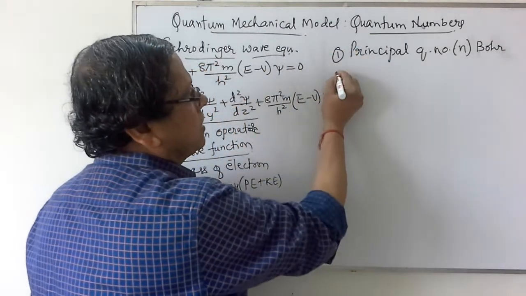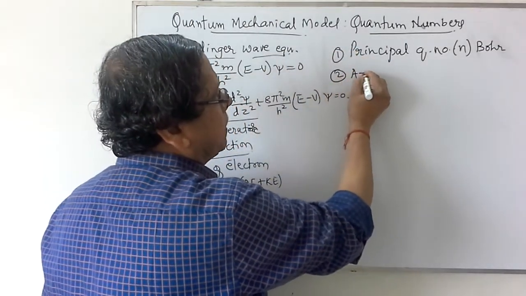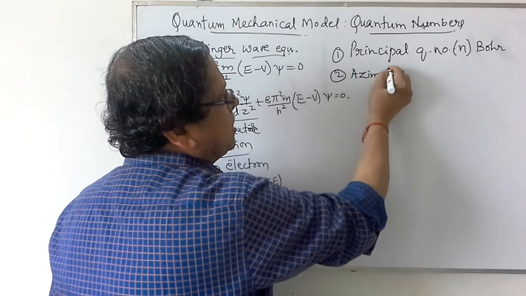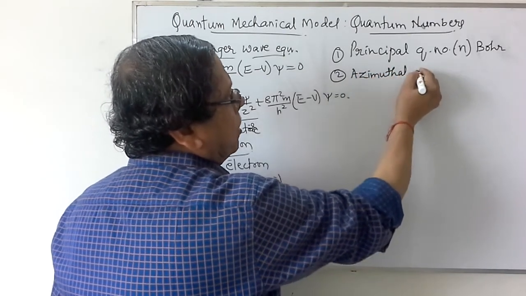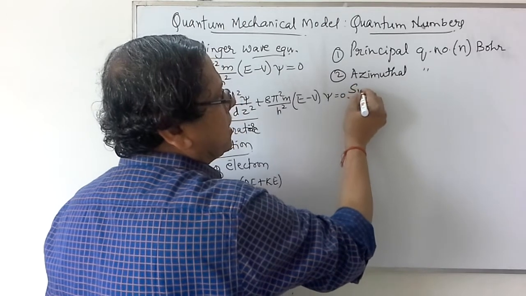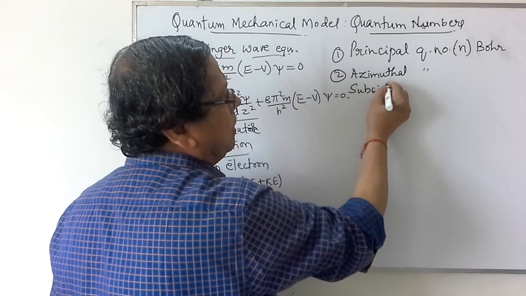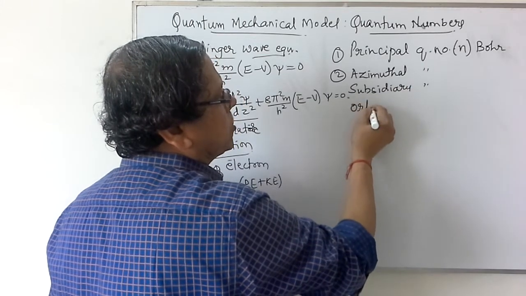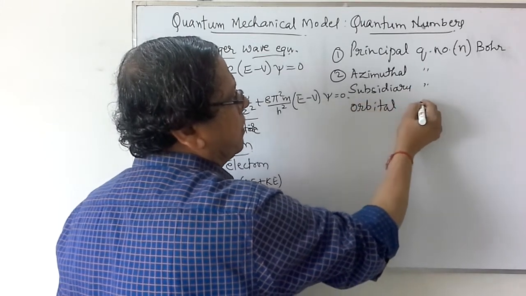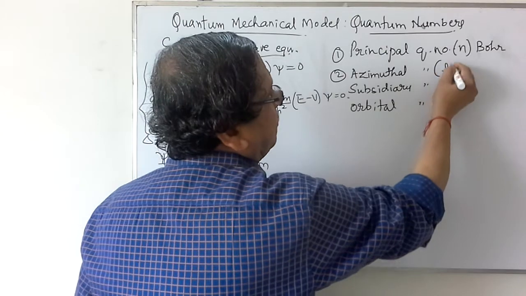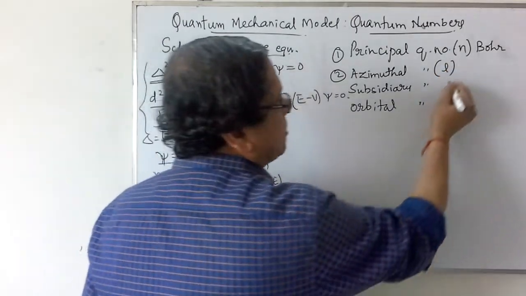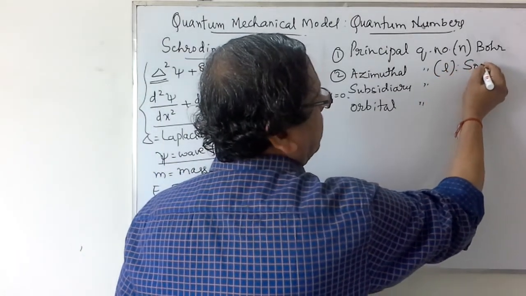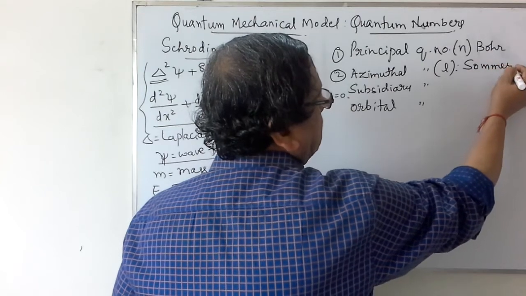The second one is the azimuthal quantum number. It is also called the subsidiary quantum number, or the orbital quantum number. This is indicated with l, and it was proposed by Sommerfeld.